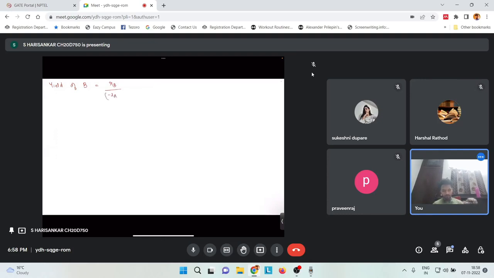If we expand this, the yield of B will be RB, that is K1 Ca minus K2 Cb, by minus Ra, that is K1 Ca. Here the known values are the rate constants K1, K2 and the denominator also K1. To find the yield of the product B, we need to find the concentrations Ca and Cb.